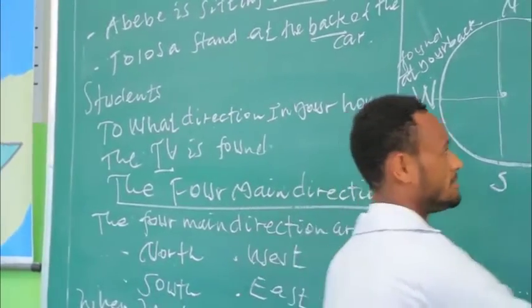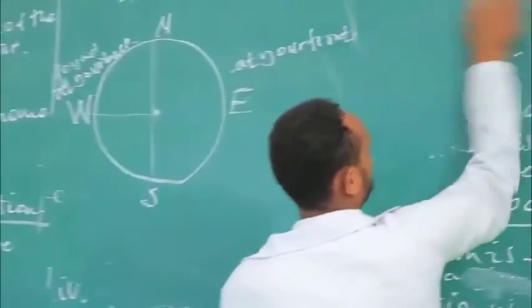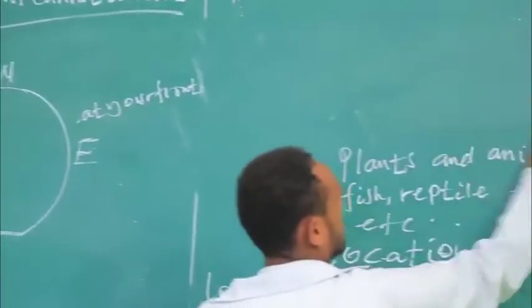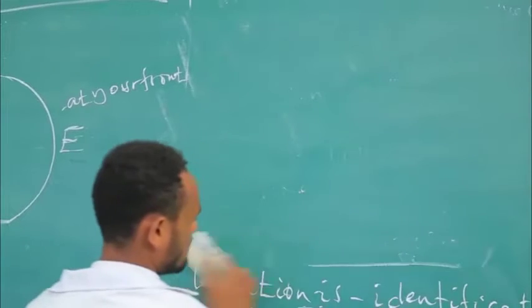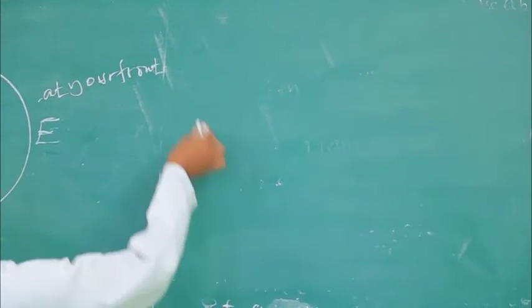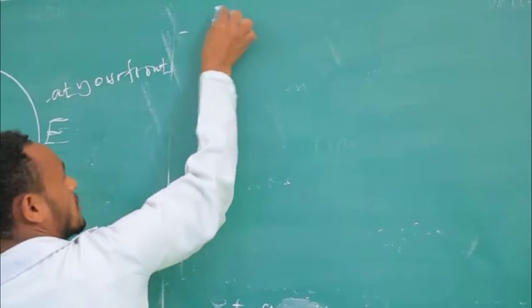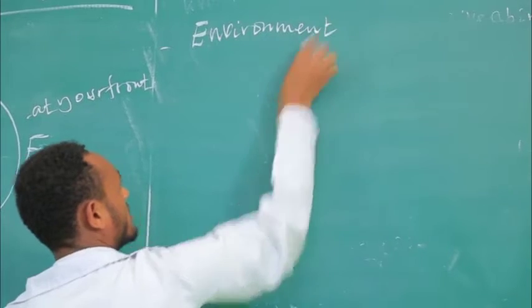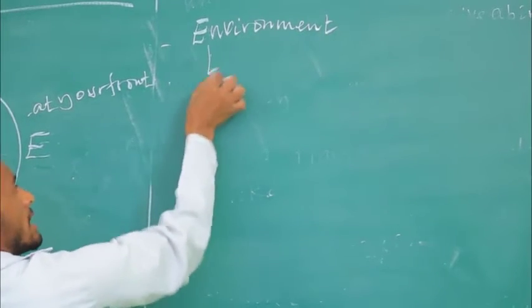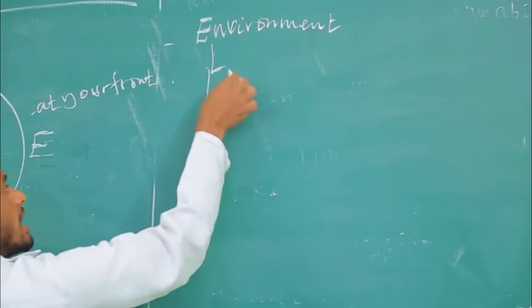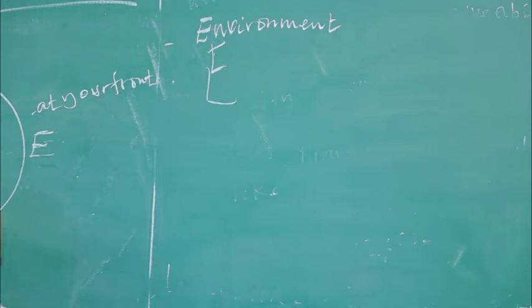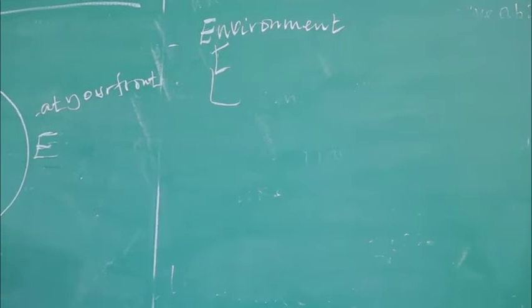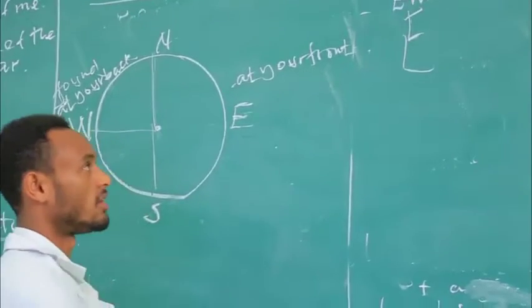Let me summarize. Students, the first one is what is environment? Environment is the sum total of all living and non-living objects.